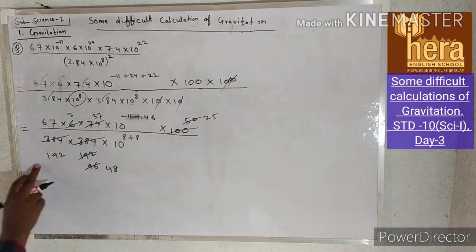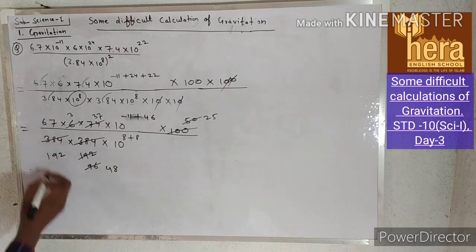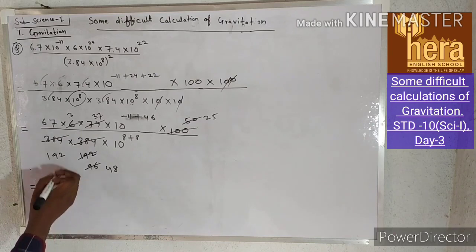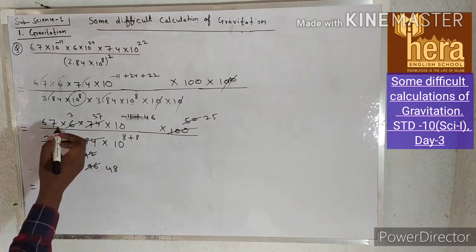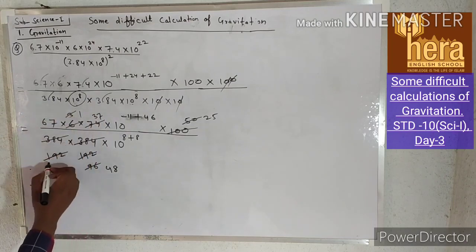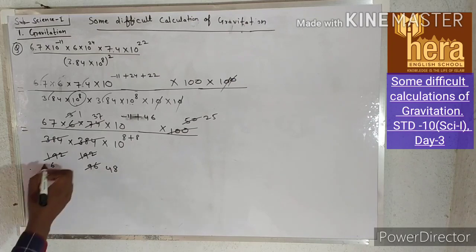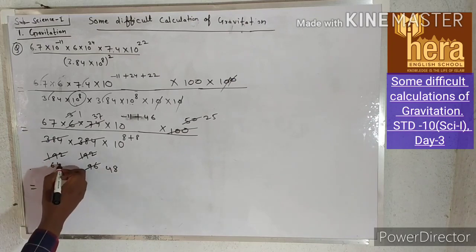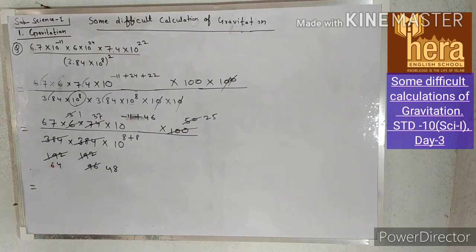Now this will be equal to, listen, see, 3 ones are 3, 3 sixes are 18, carry 1, 3 fours are 12.